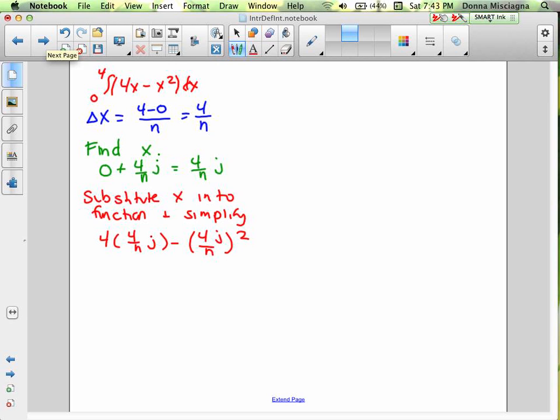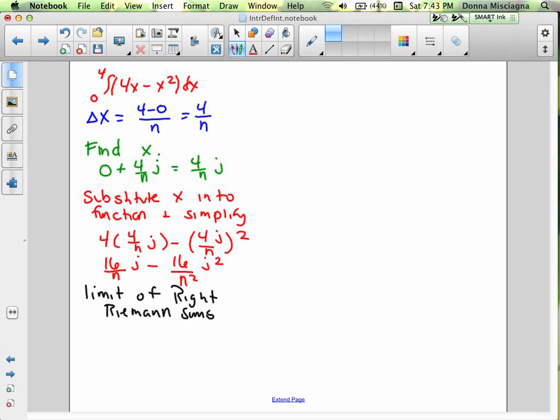All right, so this would give us 16 over n times j minus 16 over n squared times j squared. And then we're going to do the limit of right Riemann sums as n goes to infinity.